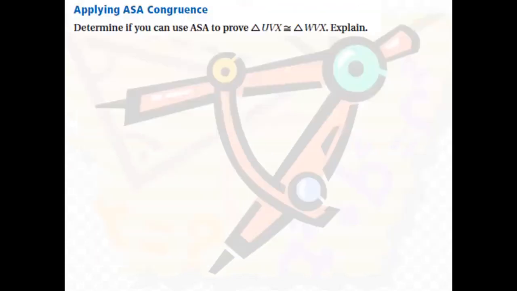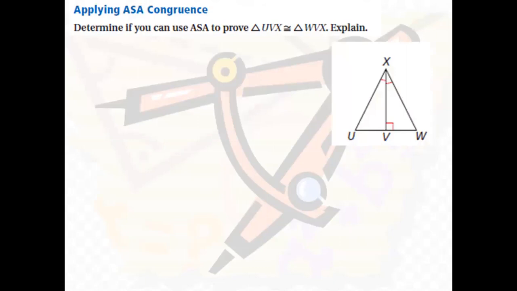Now let's see what we are going to do with these ASA and AAS theorems. Determine if you can use ASA to prove triangle UVX is congruent to triangle WVX. So this is the figure given to you. What are they saying?